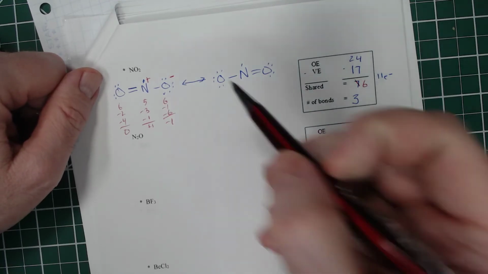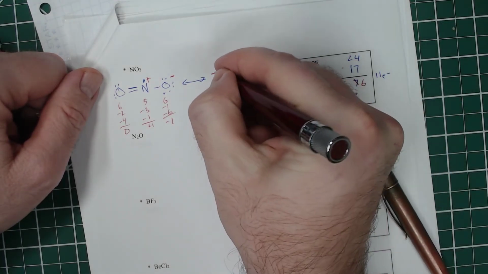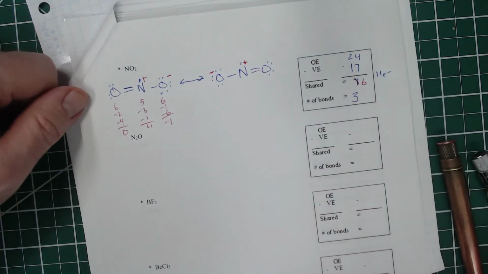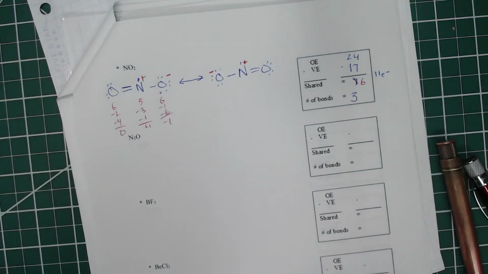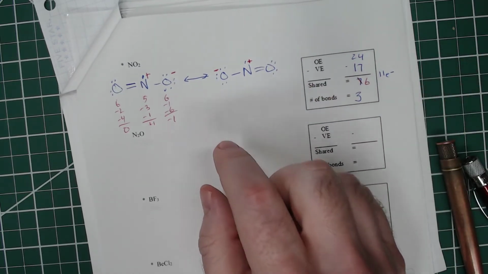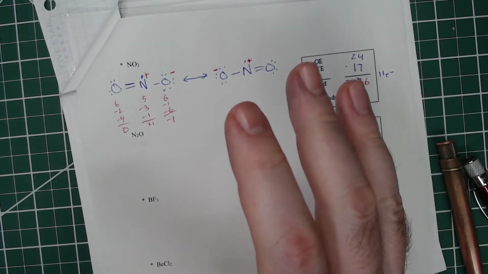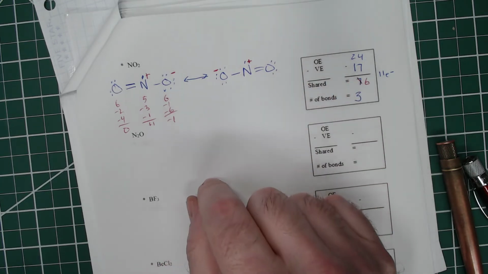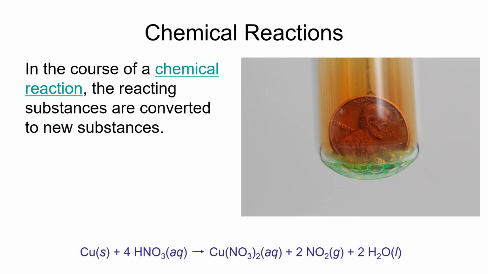And let's go ahead and put those formal charges in there. So negative there and a positive on that nitrogen. So this is nitrogen dioxide, and you may or may not remember, but I'm going to go back over here. This is from our Chapter 1 lecture, which seems like a lifetime ago at this point, right?